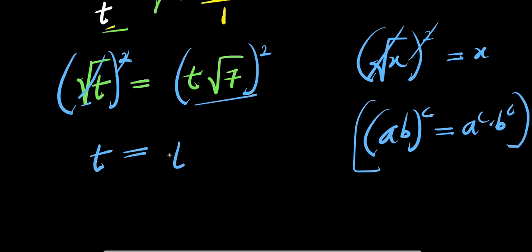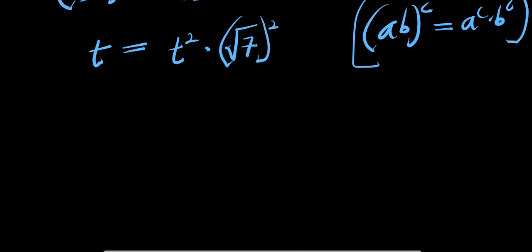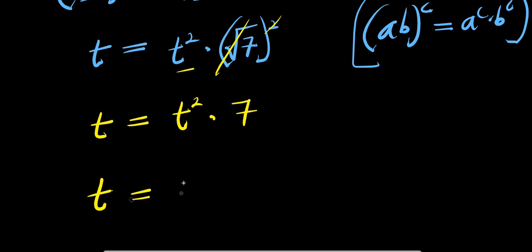So this will give us t power 2 times square root of 7 to the power of 2. So from here you have t equals t power 2 times this, cancel this. You have 7. We have t equals 7 times t squared. This is 7t squared.